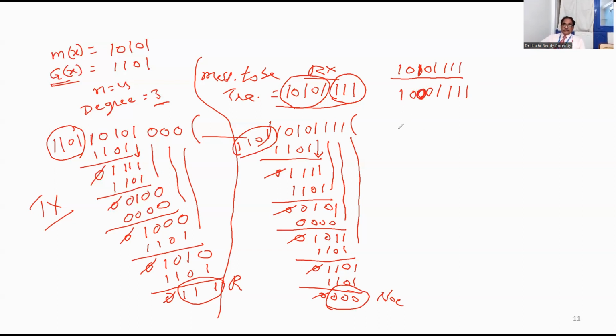Let us see 1, 1, 0, 1. So 1, 0, 0, 0. 1, 1, 1, 1. So 1, 1, 0, 1. 0, 1 is 1. 0, 0 is 0. 0, 1 is 1. 0, 1, 1 is 0. Ignore this. Get the first number.